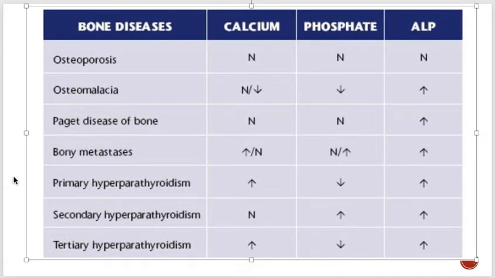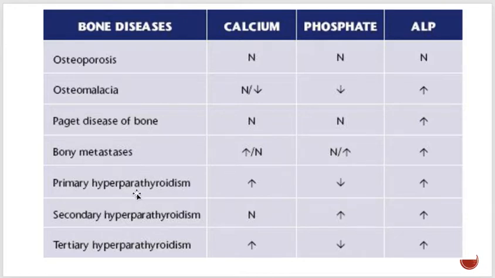Of course, that is a different topic. To tell you in a very simple way, primary is when the condition is in the gland itself, and secondary is simply when it is secondary to something, and there is tertiary as well. If we had time, we could discuss this as well.